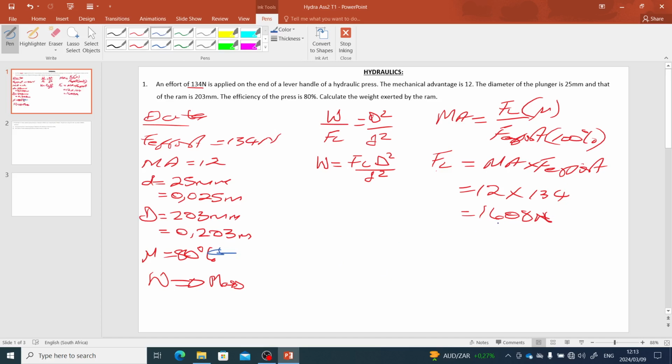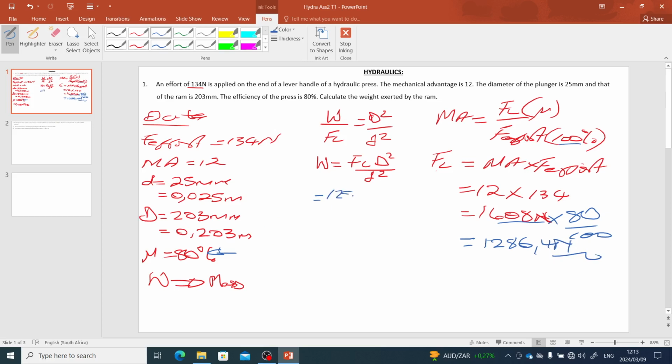We then have to reduce this F load because it is out of 100%. We have to reduce it to the requirement spec. We multiply by 80 divided by 100, or 0.8. Then in multiplying by that, we get our answer as 1286.4 newtons.